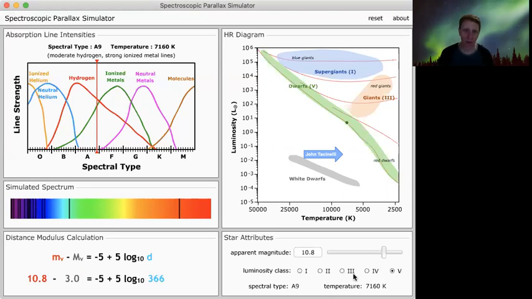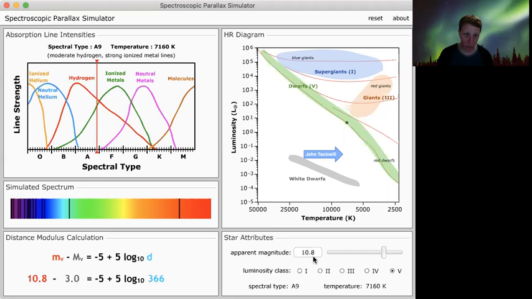So let's say we know that. Then we know what the luminosity of the star is, right? The luminosity of the star is actually a magnitude 3, so if it was at a distance of 10 parsecs, it would be magnitude 3. The apparent magnitude is 10.8, let's say.